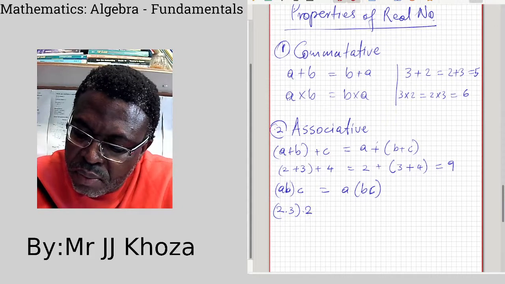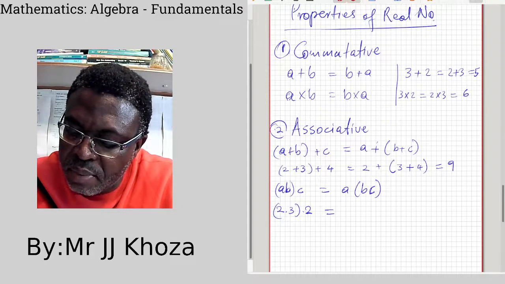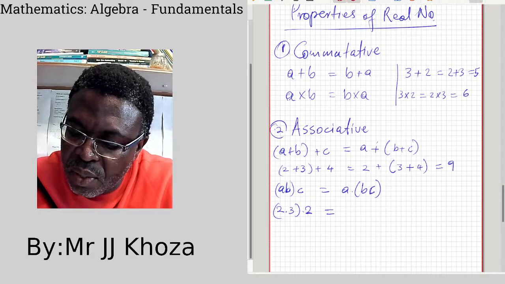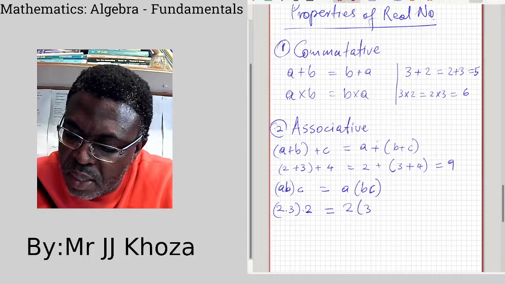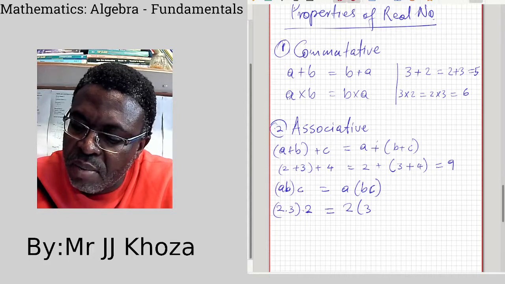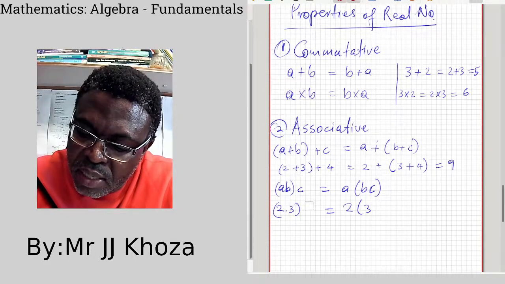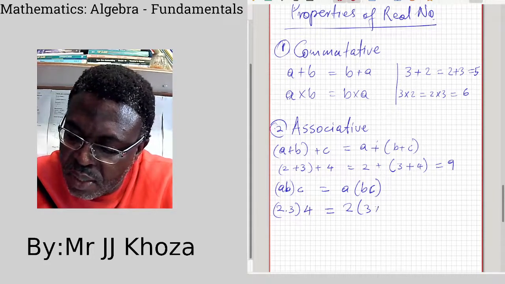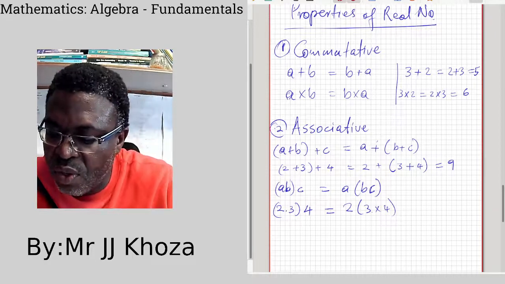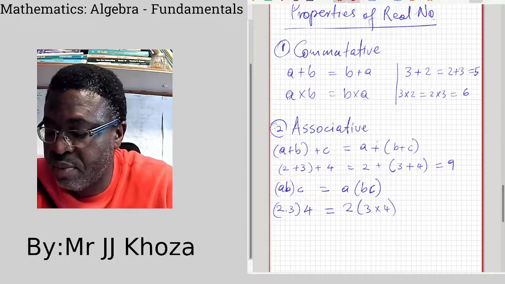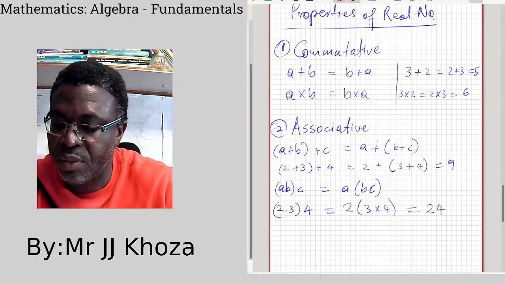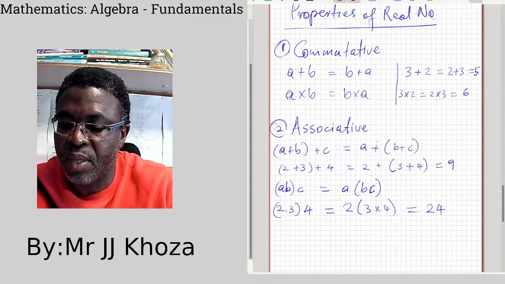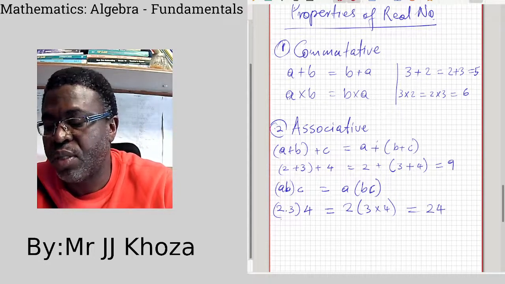Your A is 2, your B is 3, and for C we can use a different number, perhaps 4. So 4 times 3 is 12, times 2 is 24. The answer will not change. See, 2 times 3 is 6, times 4 is still 24.